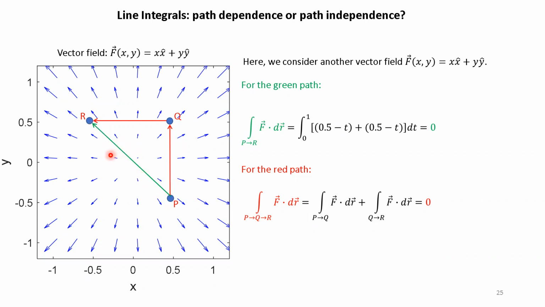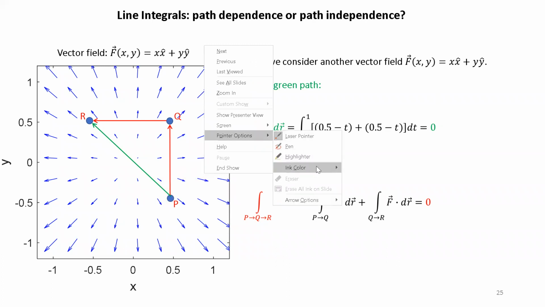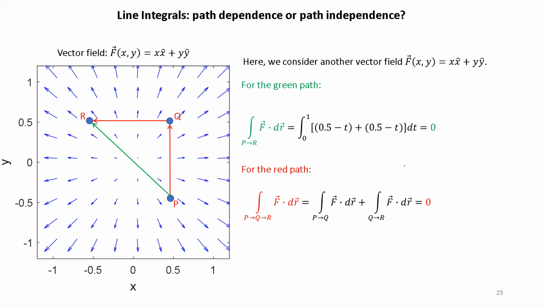So at the end, the work done just cancels out. Similarly, when I go from P to Q, in the first half of my journey the vector field is trying to go against you, because we are trying to go up but the vector field has a down component.